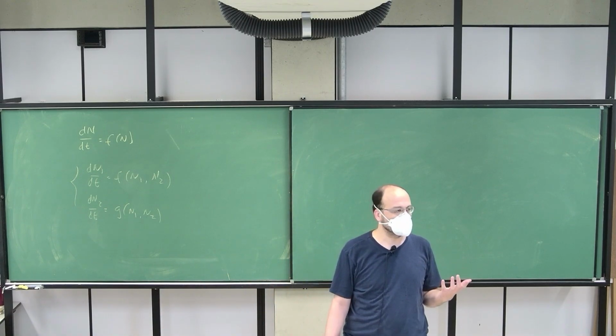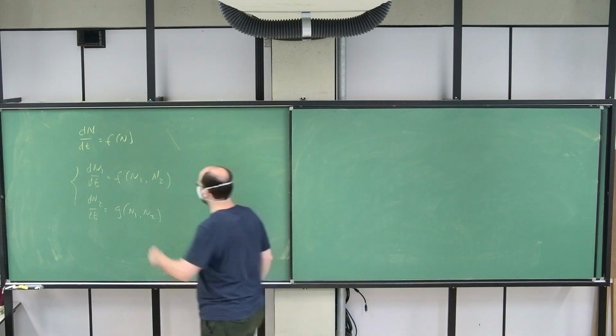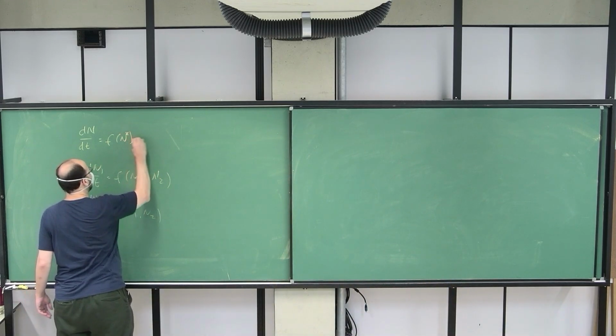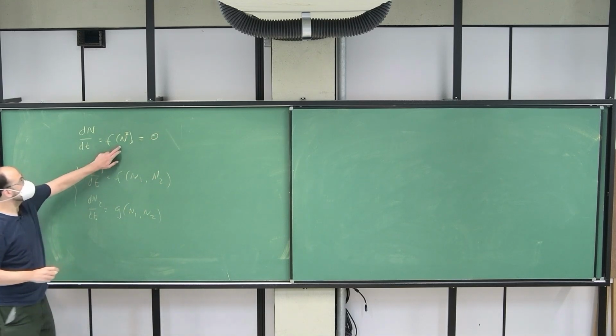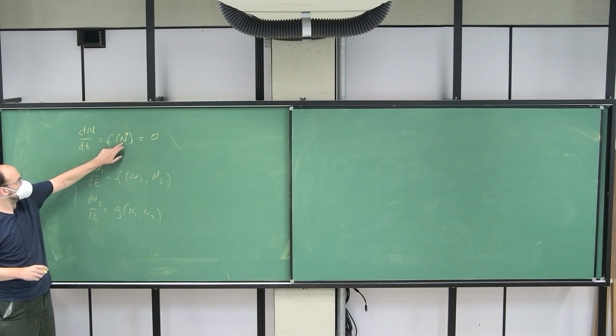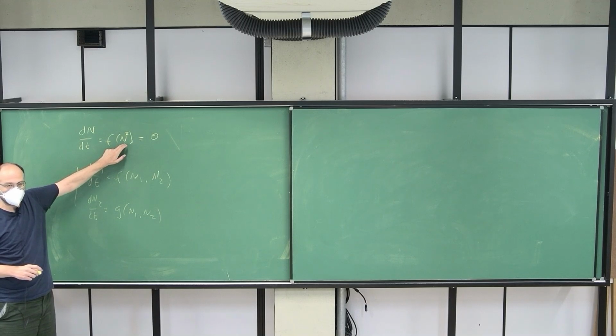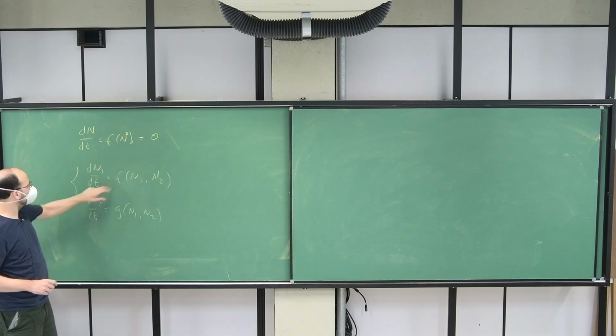How do you look for equilibrium solutions? You look for points where this is equal to 0, right? It means that if you start at this value N star, you stop there, yeah? And the same for these equations here.